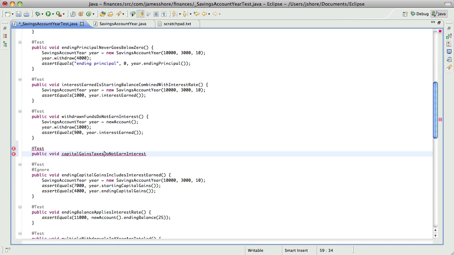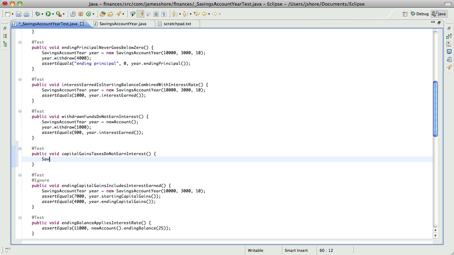Capital gains taxes do not earn interest. So savings, I'm not so sure about this.